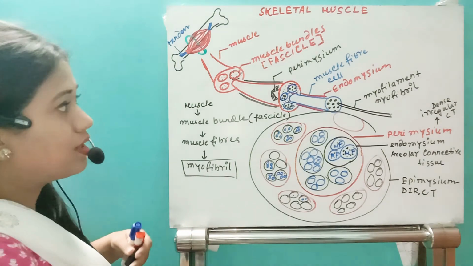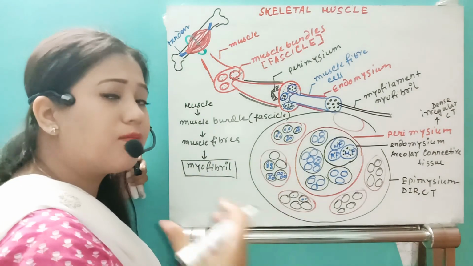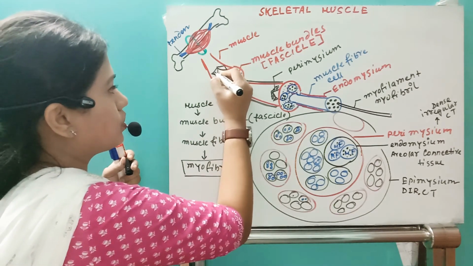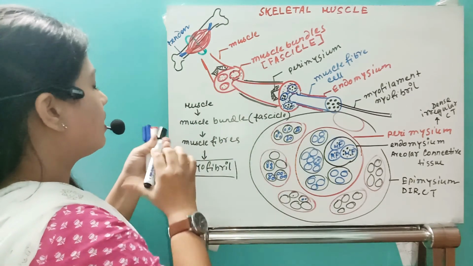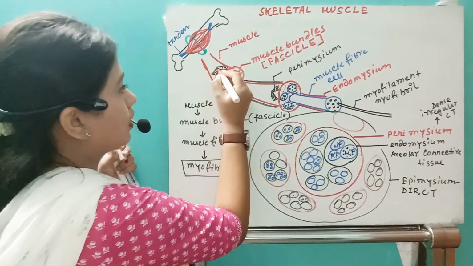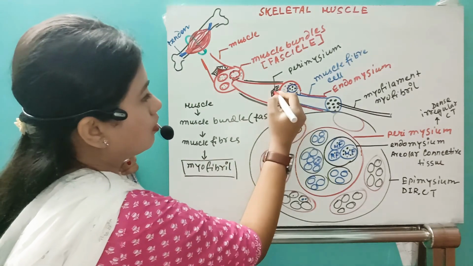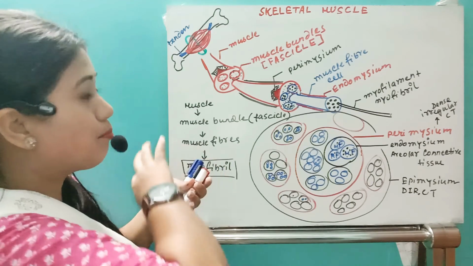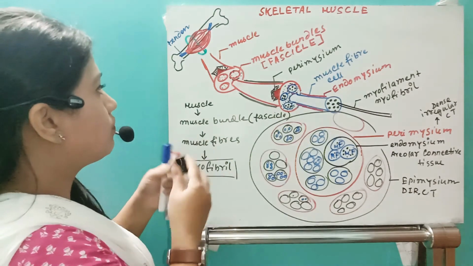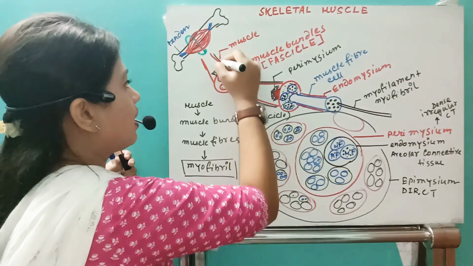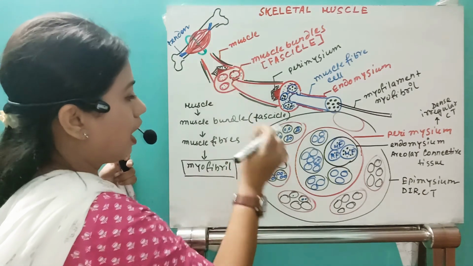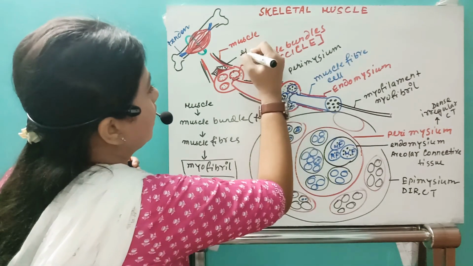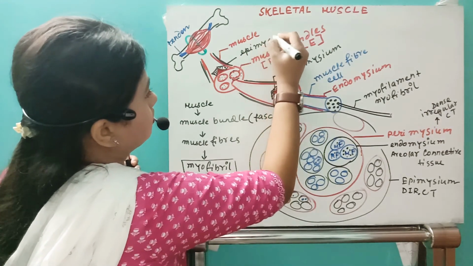And around that we are going to have a number of muscle bundles. Whenever we have the section, this outermost lining will be known as the epimysium.